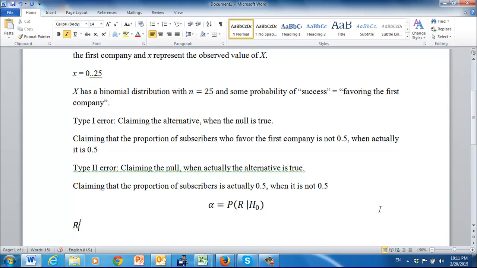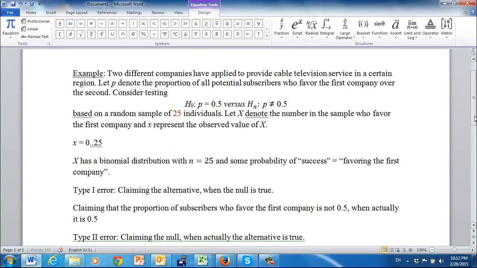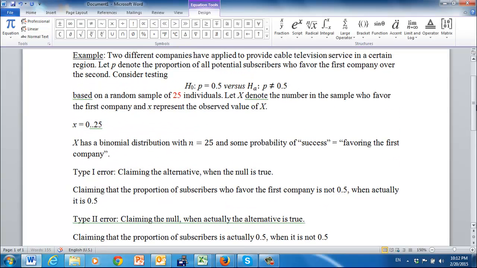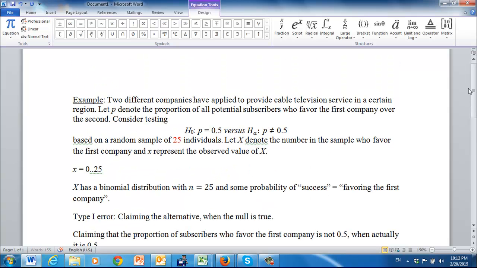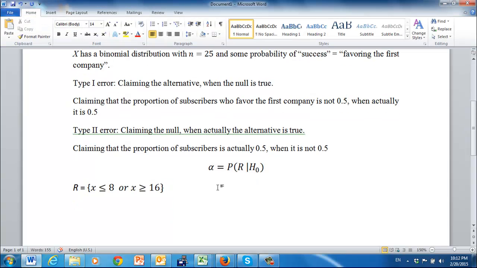So the rejection region is either X less than or equal to some number, which they should give you, let's say 8, or X more than or equal to some other number, maybe 15, something like that, because you don't want to be too close to half of 25, which is 12 and a half. Anyway, let's say this is your rejection region.